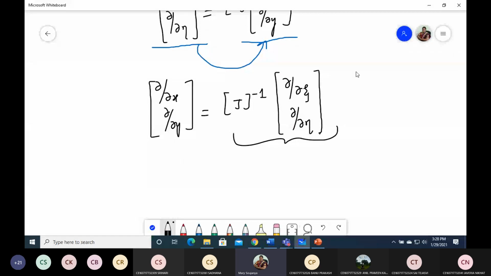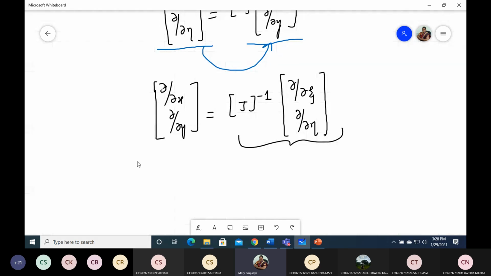What we have to find out will be on the LHS, and what we already know will be on the RHS. When you already have the Jacobian matrix, taking its inverse will give us these terms.